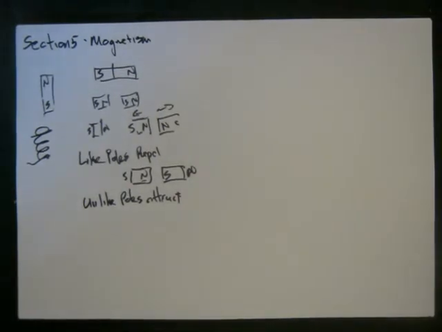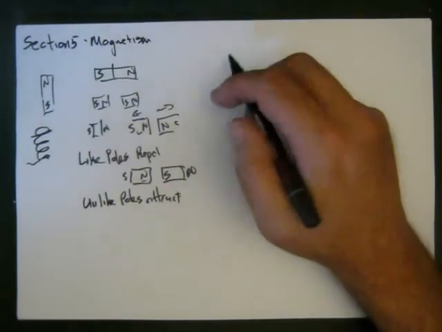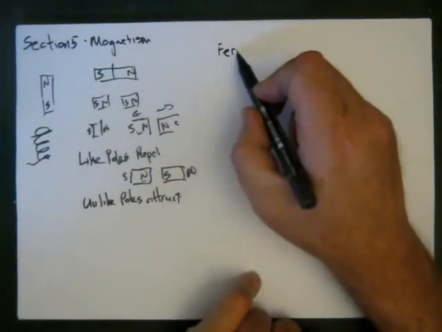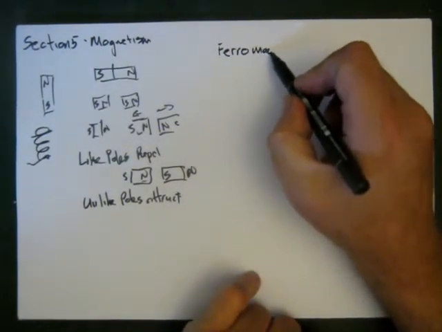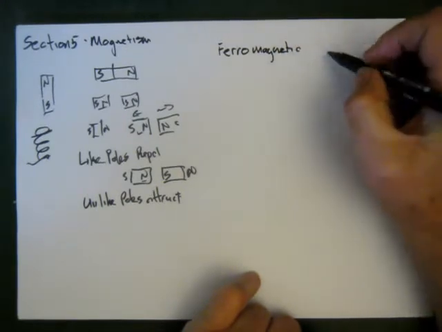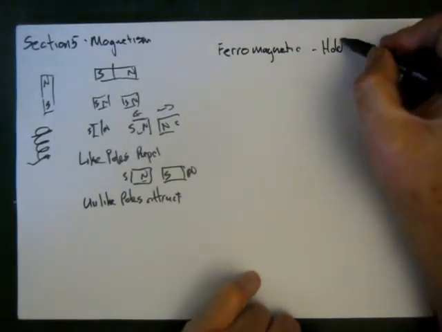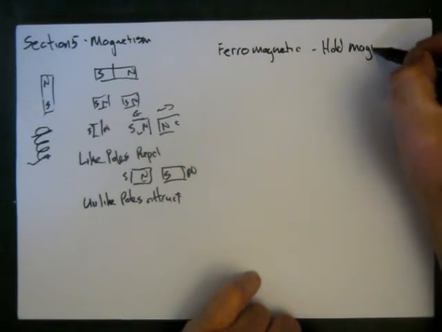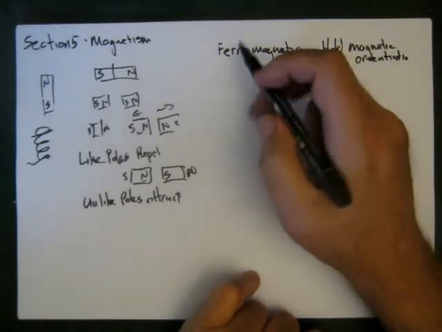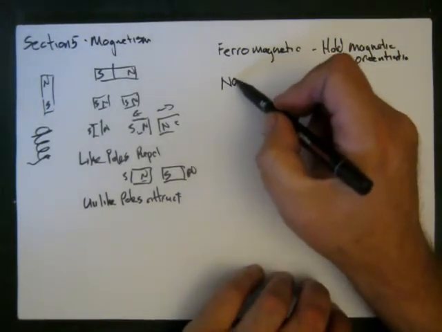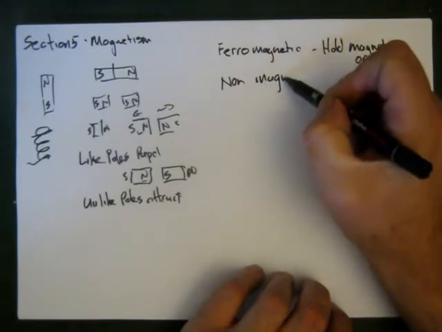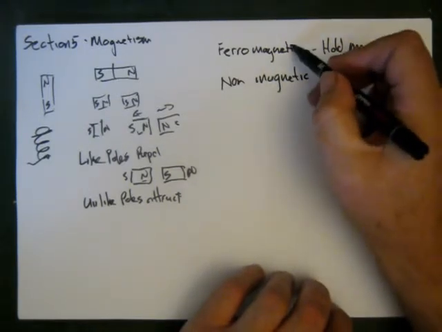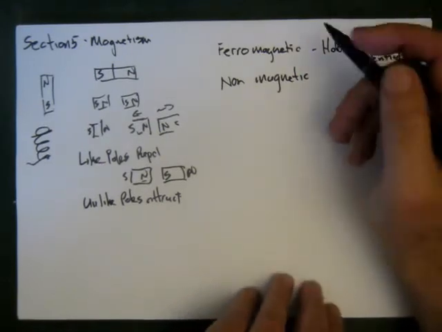Now, there are three types of materials. Materials can be ferromagnetic, which means they hold a magnetic field, hold magnetic orientation. So basically these make the magnets. You get non-magnetic, which, as you can probably imagine, are non-magnetic.